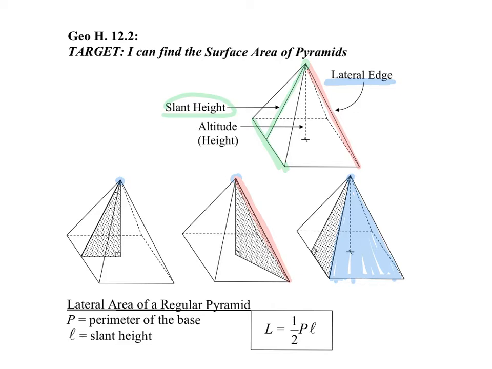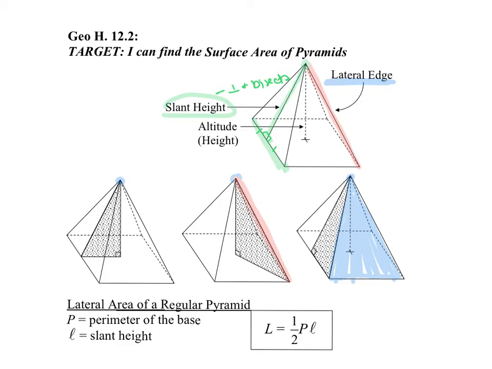So the slant height is from the vertex, drop it down along the face of the pyramid, and it is perpendicular and bisects whatever the base is. In this case, a square, a heptagon, a hexagon, an octagon, whatever the base is, the slant height is perpendicular and it bisects the base. All right?